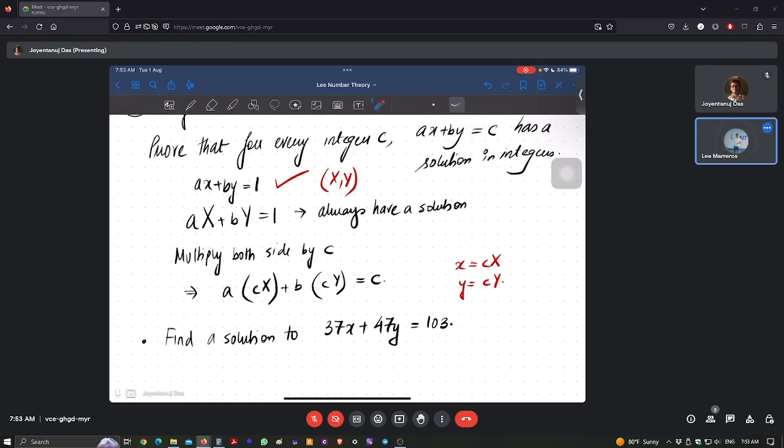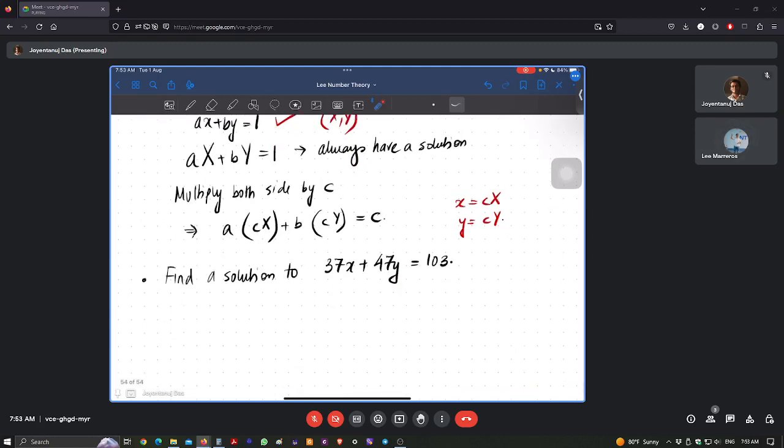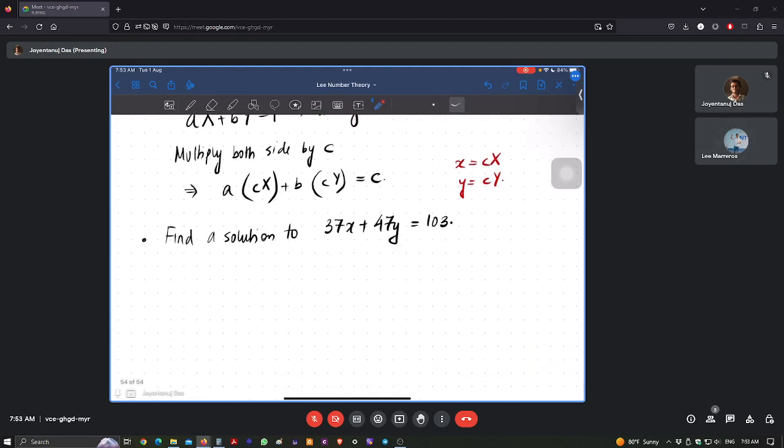Right. So now they are asking to find a solution to this equation. First you have to check the condition, right? So 37 and 47, what is the GCD? The GCD will be 1, right?